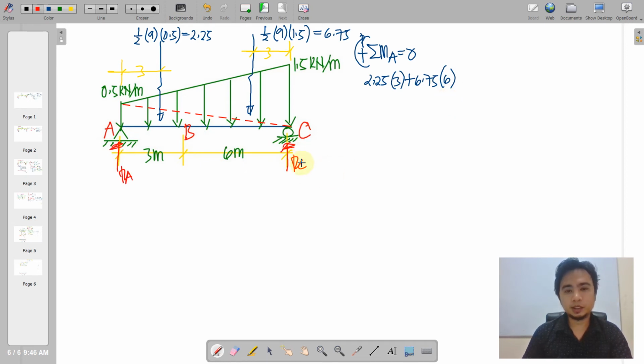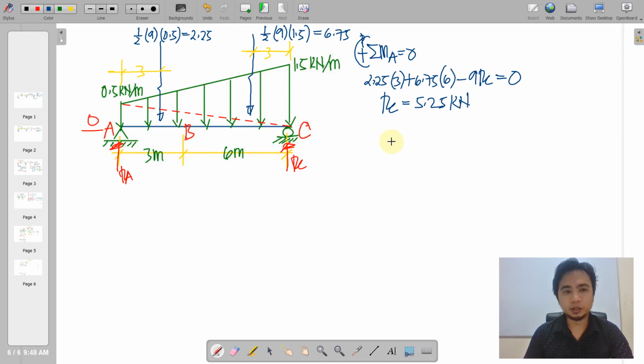Then we place here RC. Of course, horizontal at A is 0, so that we have a counterclockwise rotation for RC. So we denote that by negative times its moment arm 9, and that will be equal to 0. So that RC is equal to 5.25 kilonewton.